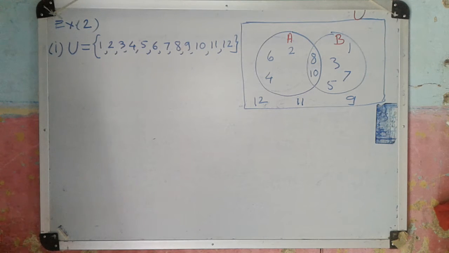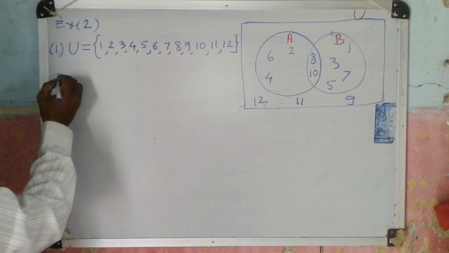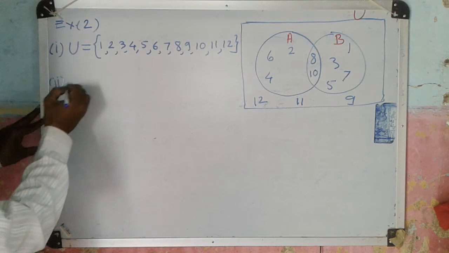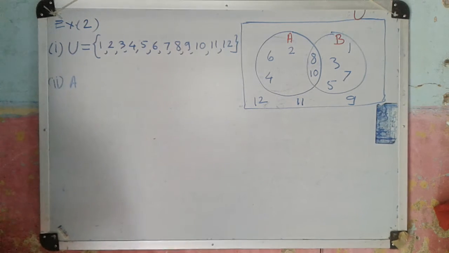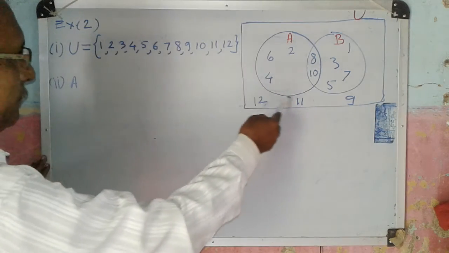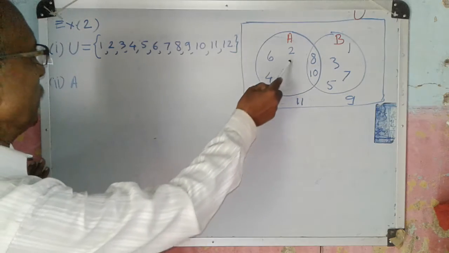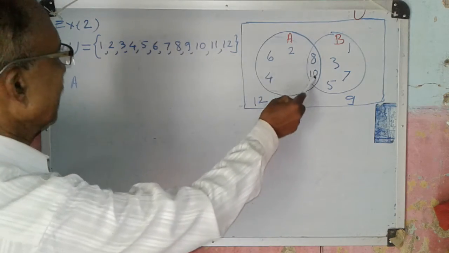Now the next is set A. So the elements of set A are 2, 4, 6, 8, 10.